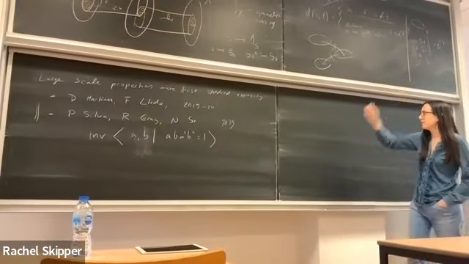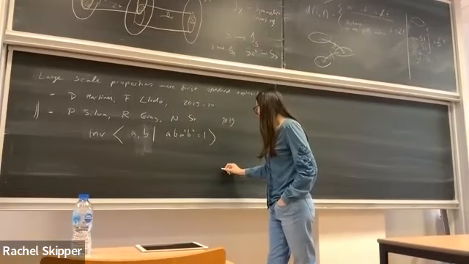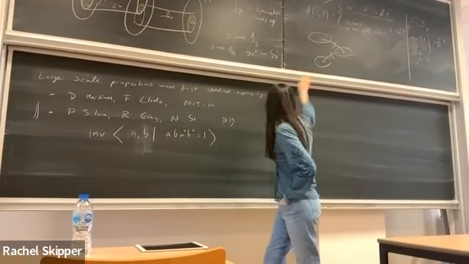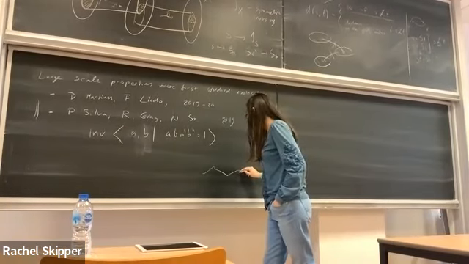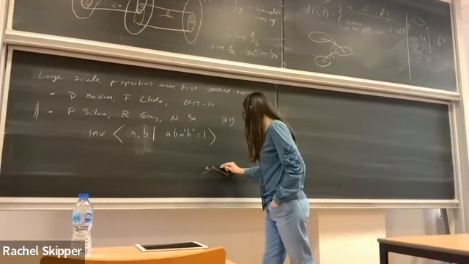So basically, the way you get a strong component containing a word: you have a word of A stars, A's and B's.